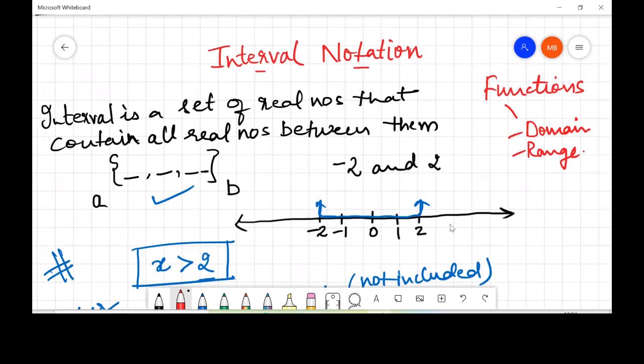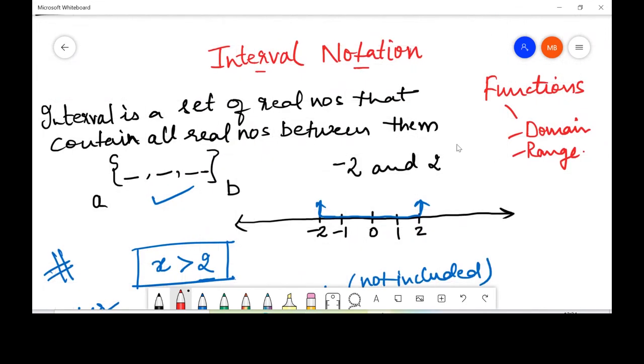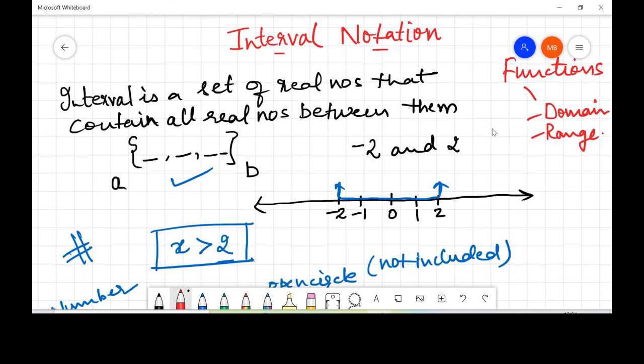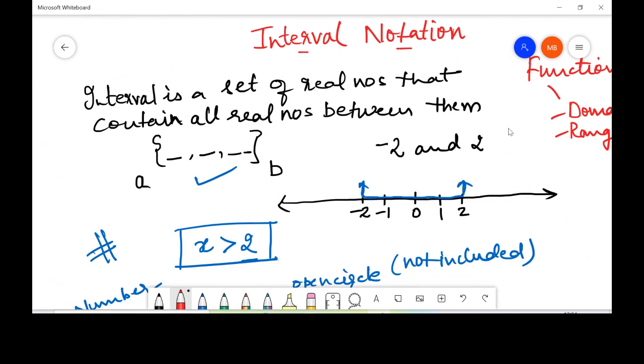So what we have discussed so far is that an interval is a set of real numbers between two numbers, say for example, -2 and 2. This interval will contain all real numbers between -2 and 2.